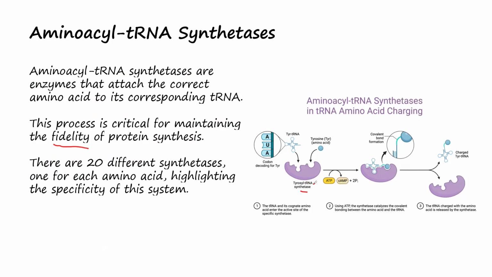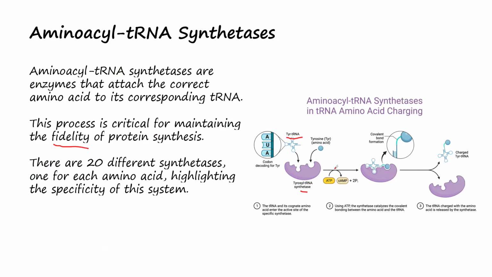So this tyrosine transfer RNA synthetase is the enzyme used for attaching the tyrosine amino acid to its corresponding transfer RNA. So this is tyrosine transfer RNA. It means that it is transfer RNA carrying the tyrosine amino acid.